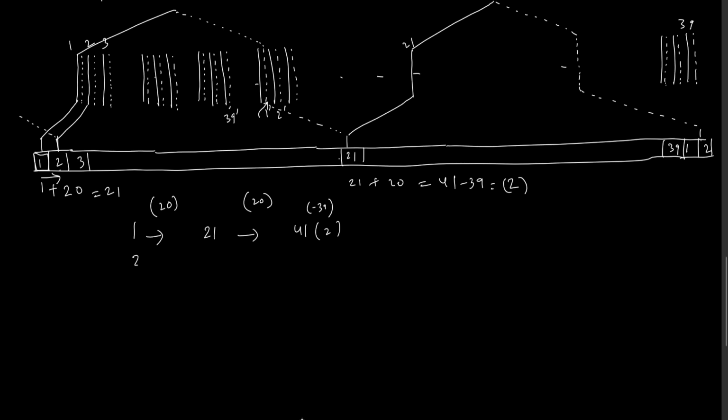At 2 the second waveform starts: 2 goes to 22, and it ends at 3. From 3 again we start, in between connecting to the 23rd segment, and from the 23rd it ends at 4.